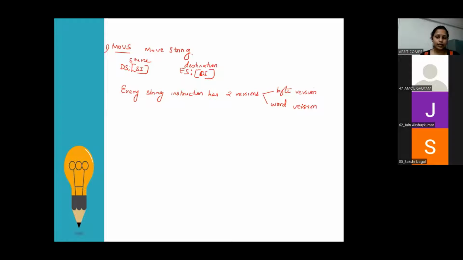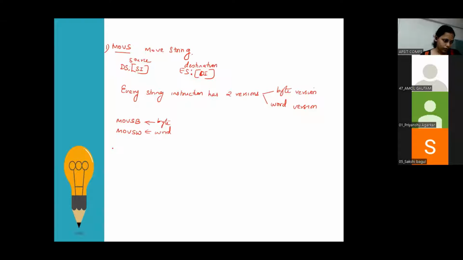So MOVS works as MOVSB and also as MOVSW. MOVSB means move string byte, the byte version. MOVSW means move string word, the word version. Now we need to see how the byte version works and how the word version works. Are you getting it?